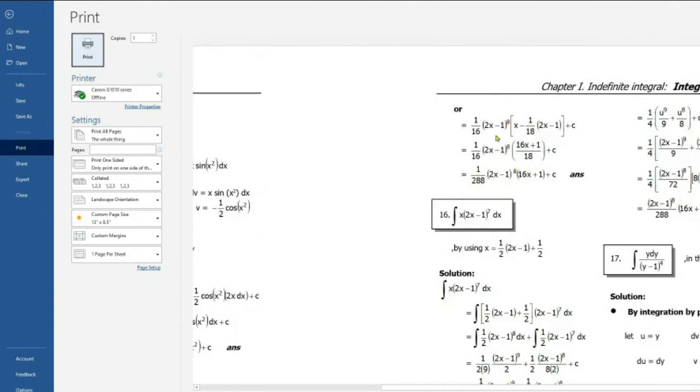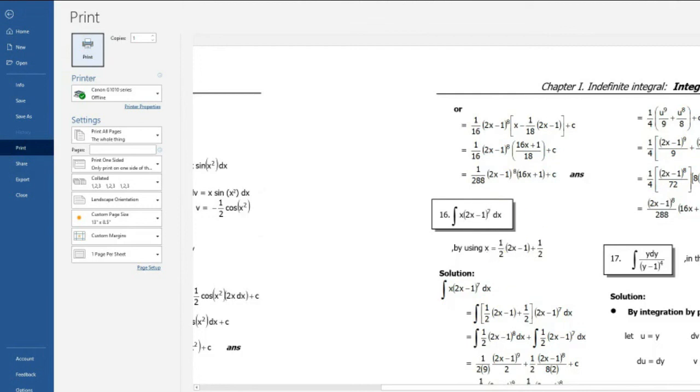Pwede pang i-factor pa to. Then i-simplify pa. Or pwede naman by using x is equal to 1/2 (2x minus 1) plus 1/2. Okay, parehas lang naman to. Yung x mo is equal to this value or this amount. X lang din. Ang ginawa lang, in-expand lang niya, pinahirap lang niya equivalent ng x.